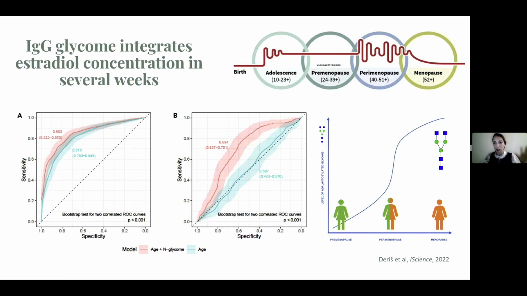What we think happens is that IgG glycan integrates estradiol concentration over several weeks, and we're seeing an average, sort of a geometrical mean. We can compare this to HbA1c, for instance, in diabetes, where we're not looking at the glucose concentration, we're looking at the longer time span.